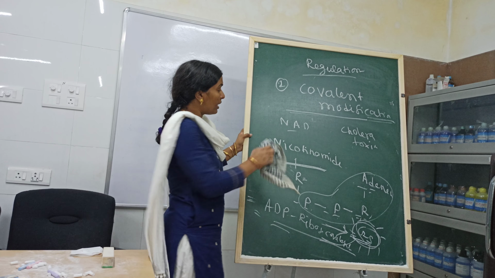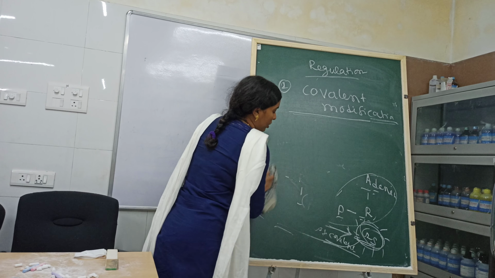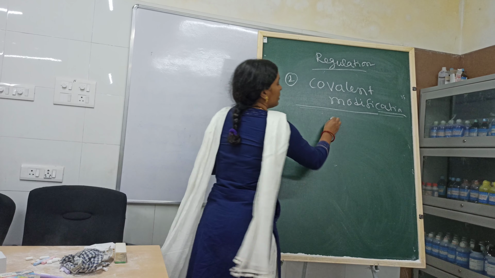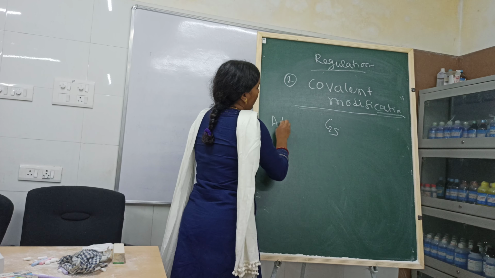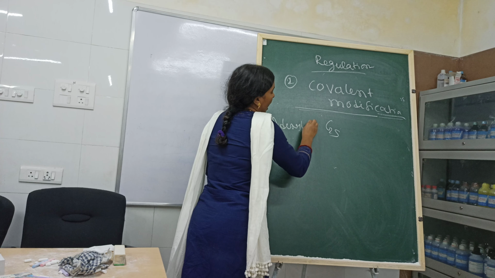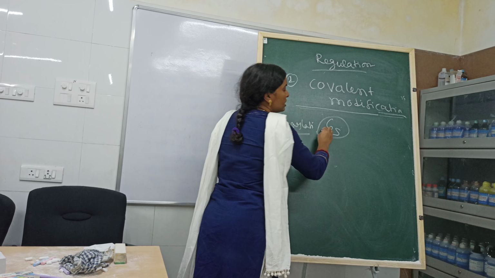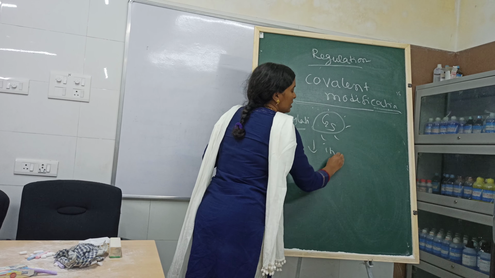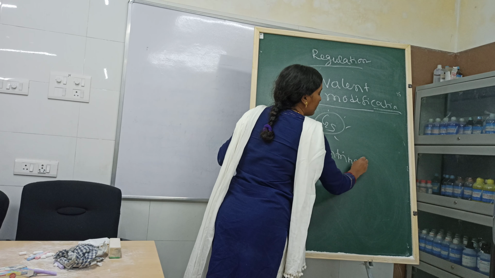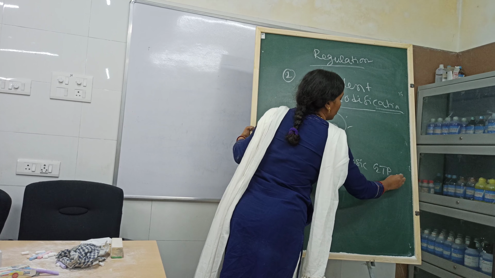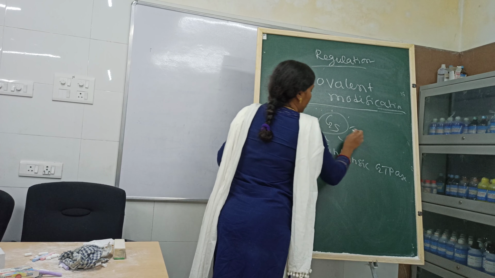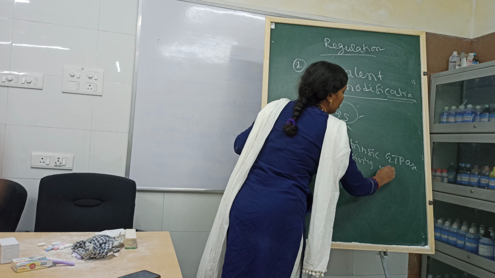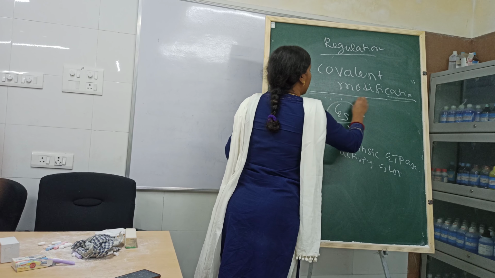What happens when this stimulatory G protein is active? Adenylation happens with this stimulatory G protein, so it becomes active. What happens? Its intrinsic GTPase activity is lost, so it stays in the activated form.